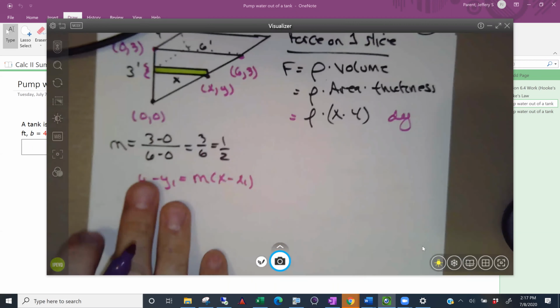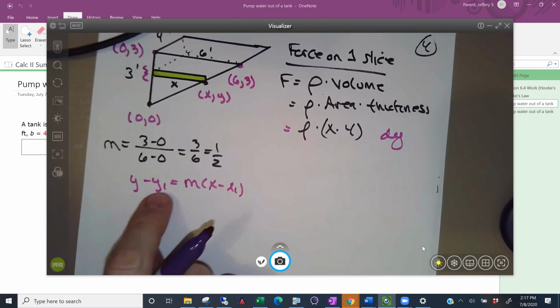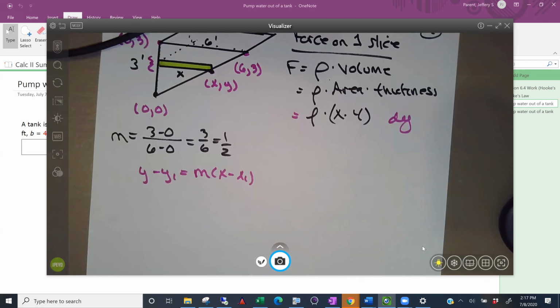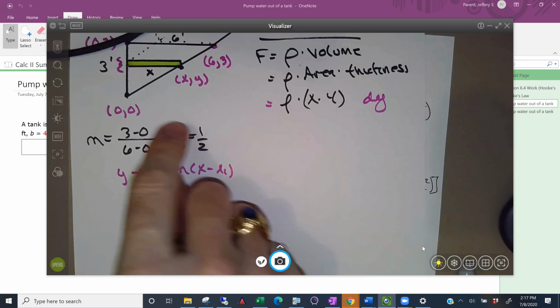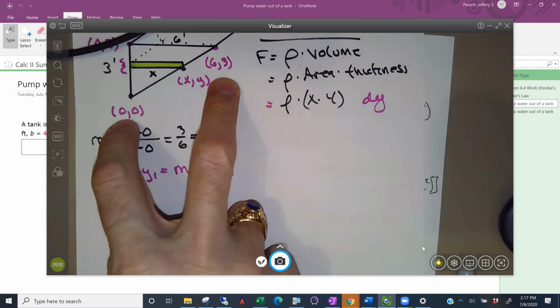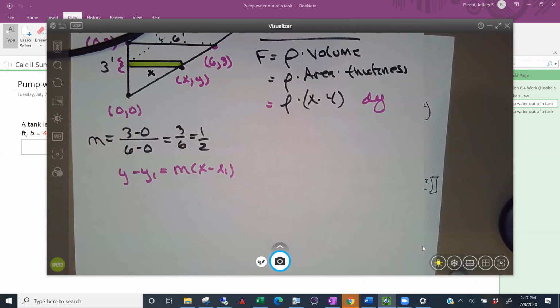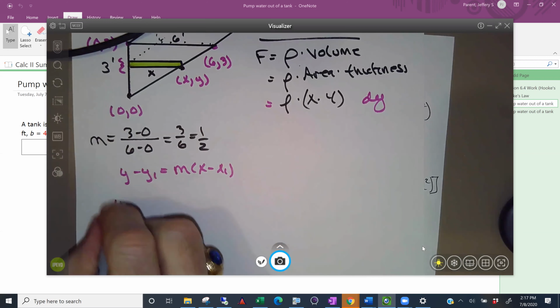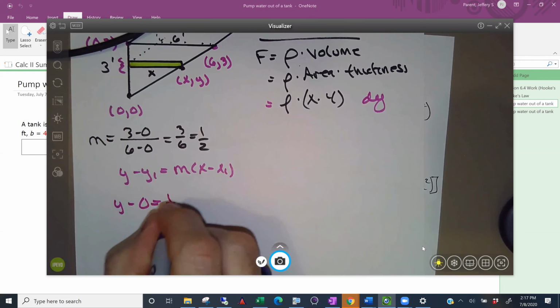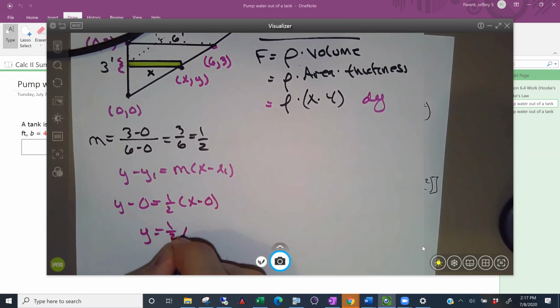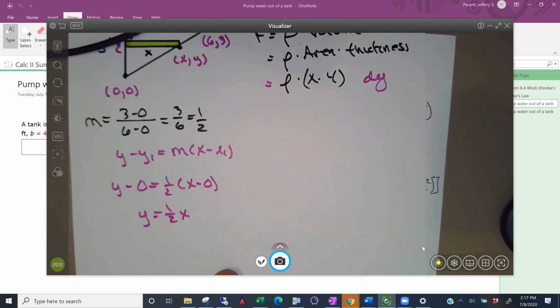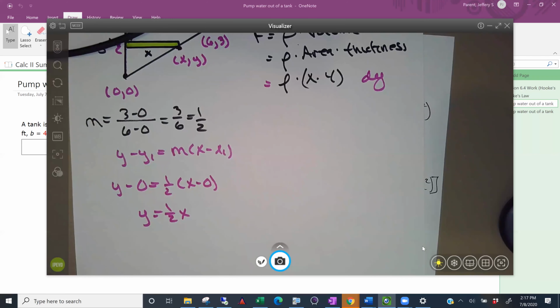My son's calc teachers seem to always avoid this one, and I hated it. But you're free to do other things too to find the equation of the line. If I drop in one of these points, it doesn't matter which one, so let me choose the easier one, I get y minus 0 equals 1/2 times x minus 0. Basically, y equals 1/2 x. Yay, that's good.